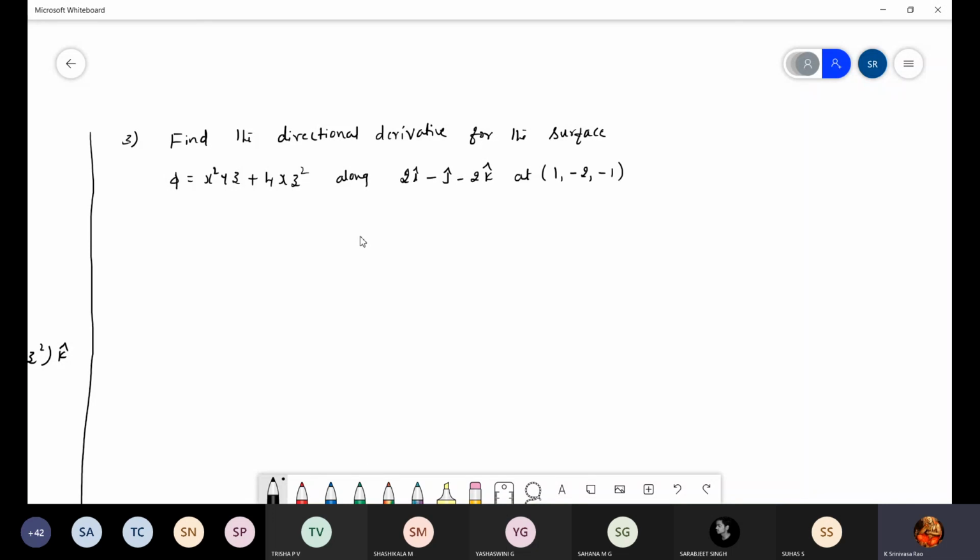So negative numbers you have to substitute, you should be very careful. Also find the maximum directional derivative.